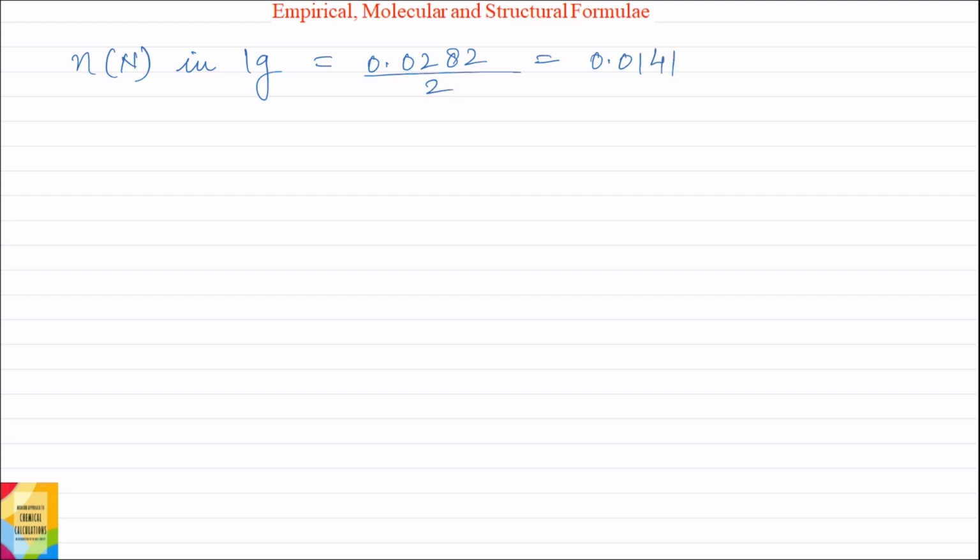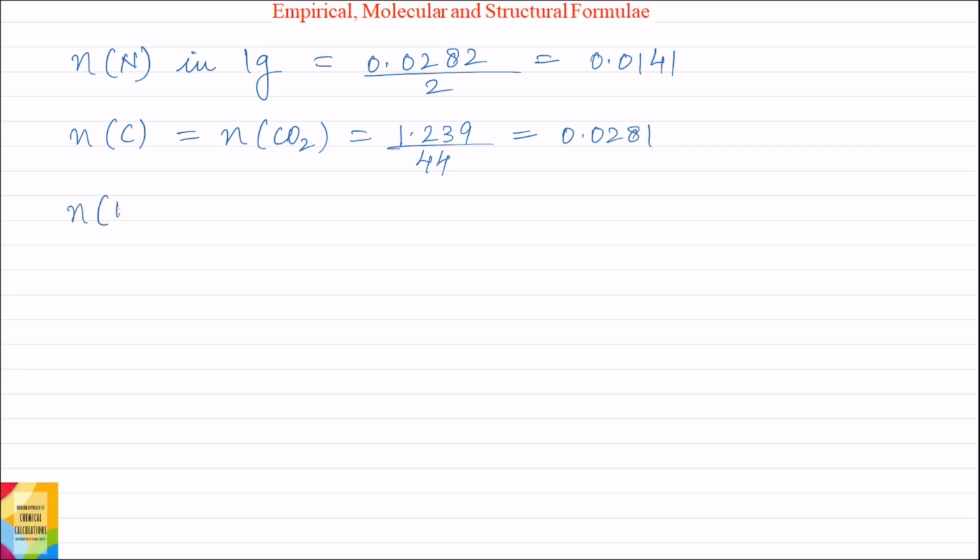Now moles of carbon in the compound will be equal to moles of carbon dioxide, because 1 mole of carbon dioxide contains 1 mole of carbon. So moles of carbon is equal to weight of carbon dioxide, 1.239 grams, divided by molecular weight of carbon dioxide, that is 44, and this is equal to 0.0281 moles.